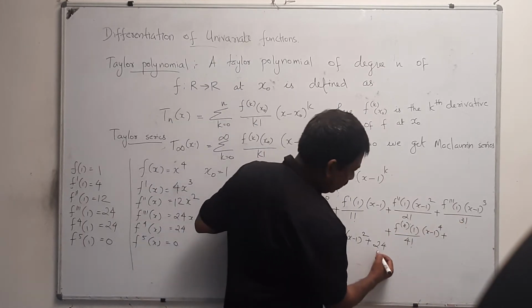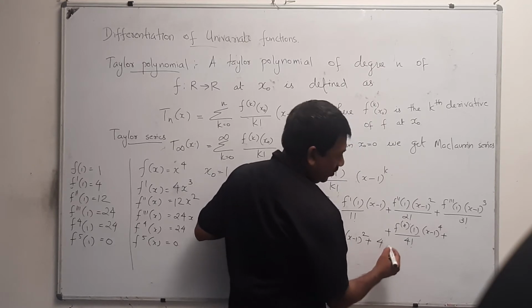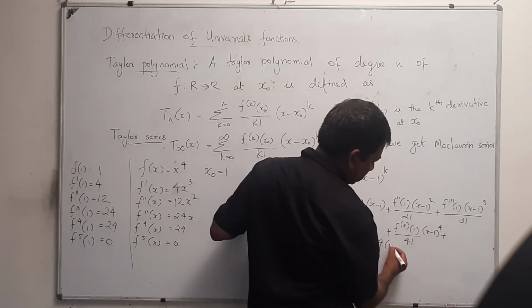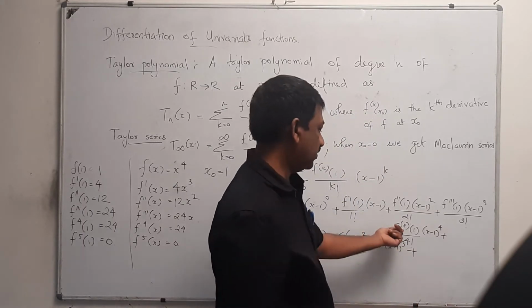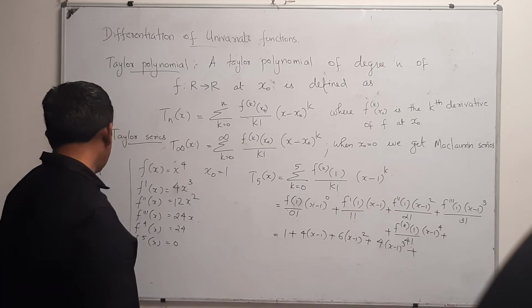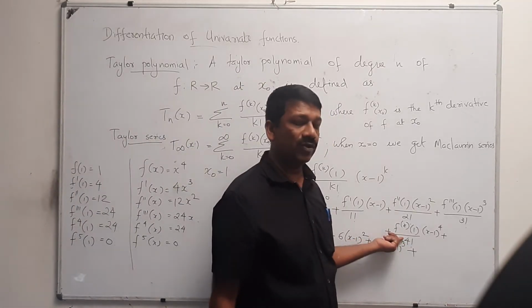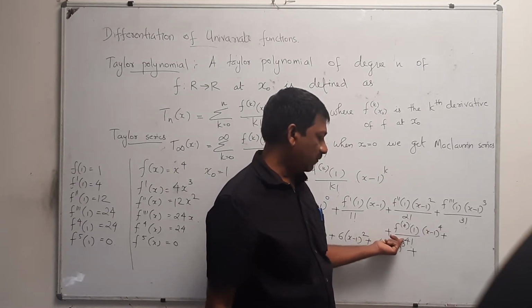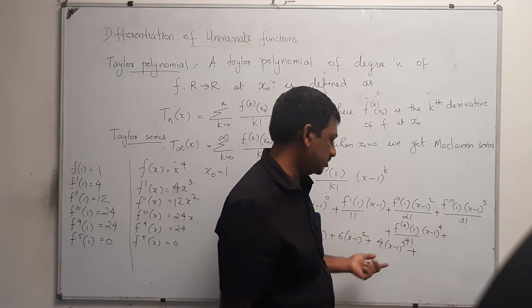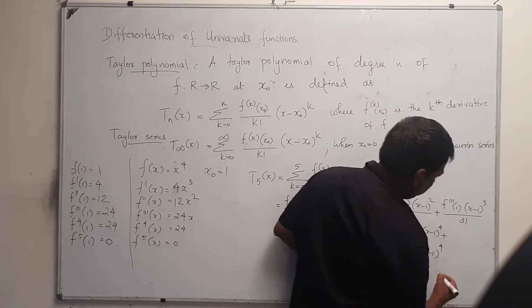That means 24 by 6 is 4, 4 into (x minus 1) the whole cube, plus, what is f4 of 1? f4 of 1 is 24. 24 by 4 factorial is again 1. That means plus (x minus 1) the whole raised to 4.